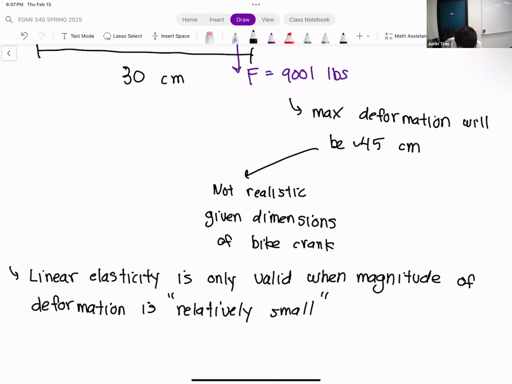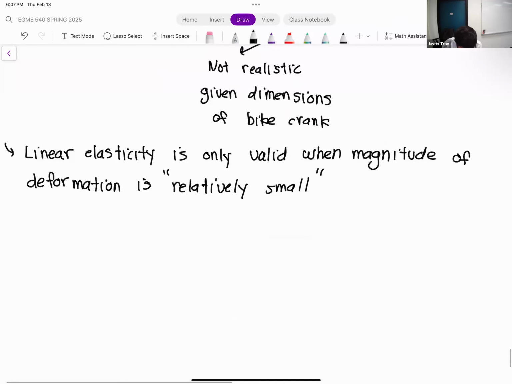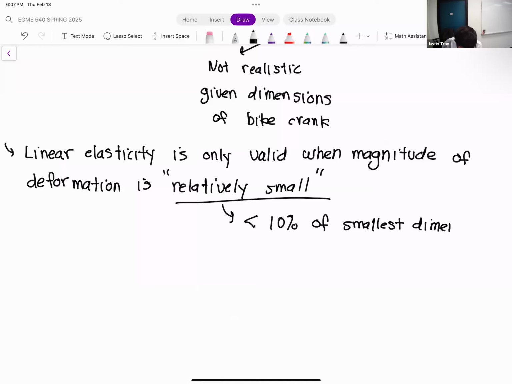So relatively small in my own definition is something that is less than 10% of the smallest dimension of your part. And I'll preface this by saying this is my own definition of it. So other people have different definitions for what relatively small means.